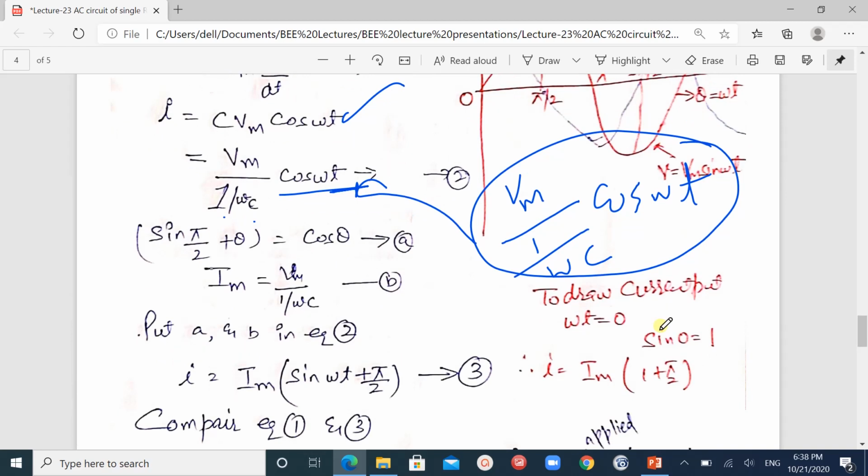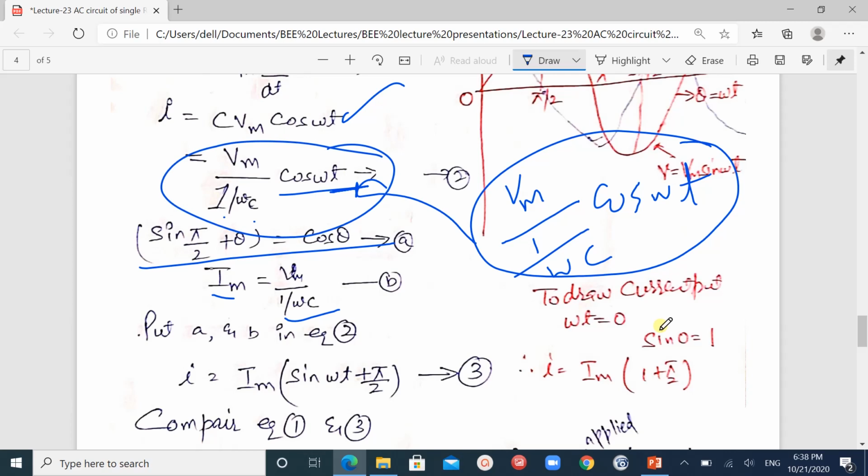We can write sine of pi by 2 plus theta is equal to cos theta, and we put Im is equal to Vm upon 1 upon omega C. So we put these two values into this equation. The equation will become I is equal to Im sine omega t plus pi by 2.